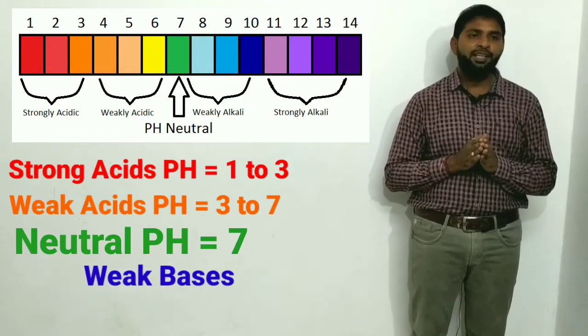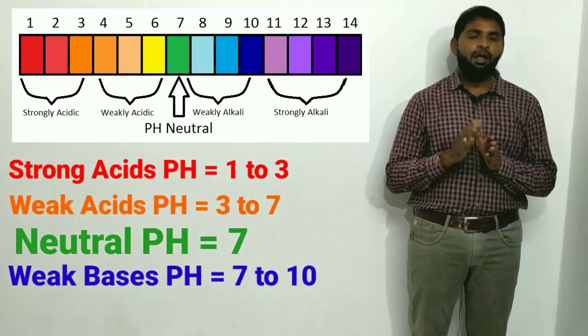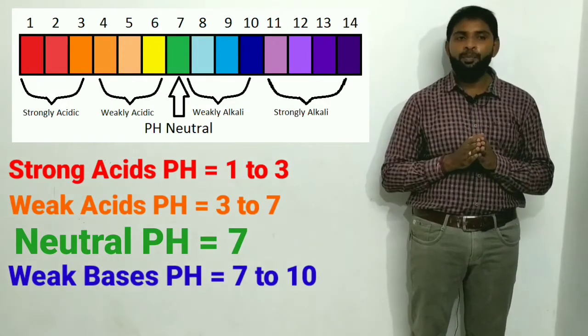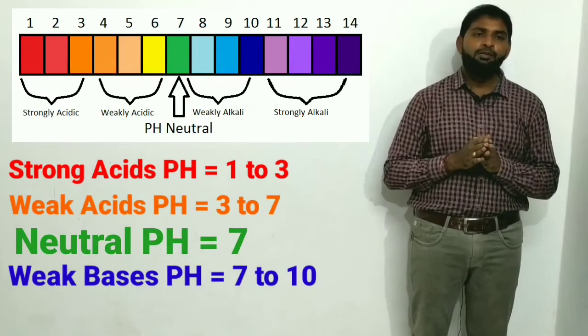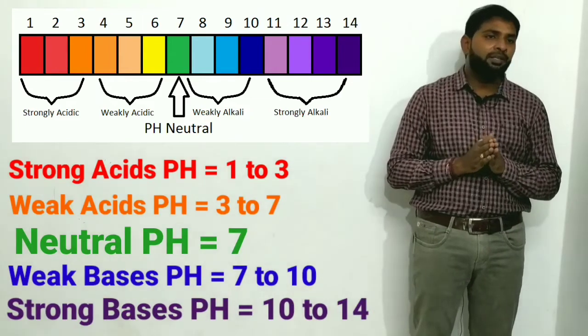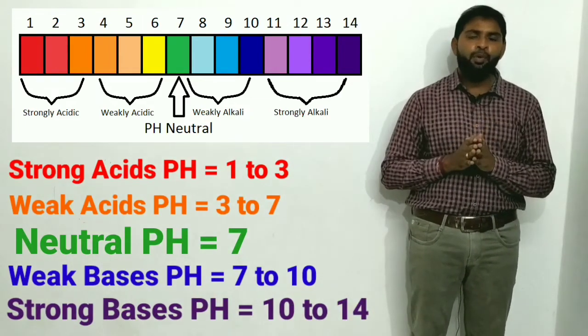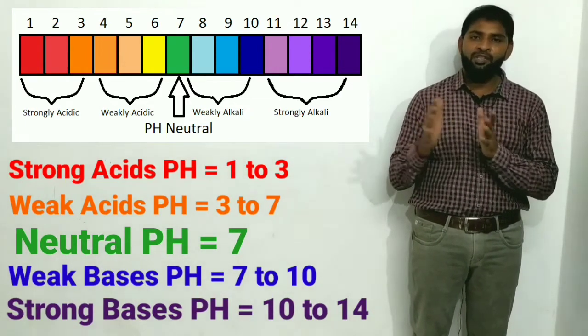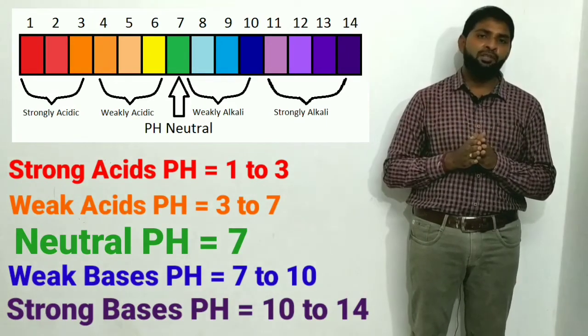If the substances exhibit more than 7 and up to 10, they are weak bases. Substances from more than 10 to 14 are strong bases. This is very important. You have to remember this pH scale. If you remember this pH scale, there is a possibility of getting a 4 marks question from this.